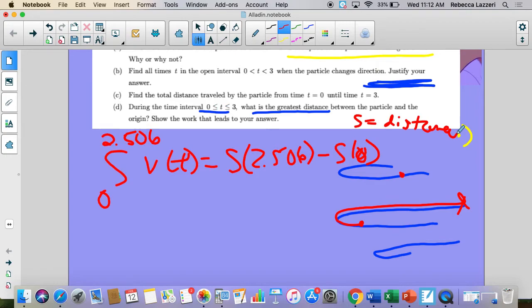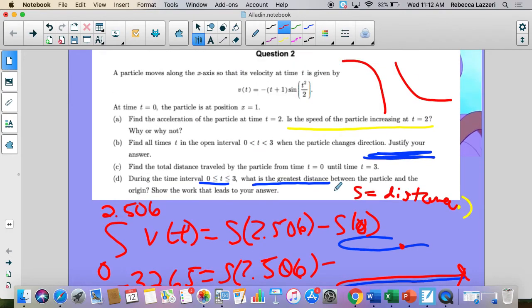In interest of time, I'm just going to tell you what I got here. I got negative 2.265 is equal to s of 2.506, and what was s of 0? Look at the problem. S of 0, at t equals 0, where was the particle?